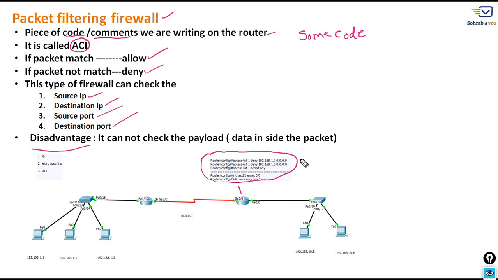So you can see we are writing that you should deny this IP, deny this IP, and permit this IP. So this is called packet filtering firewall. Don't worry, we are going to study how we should write the codes. I just show you that this ACL, access control list, is called packet filtering firewall. Okay, so now what happened here?